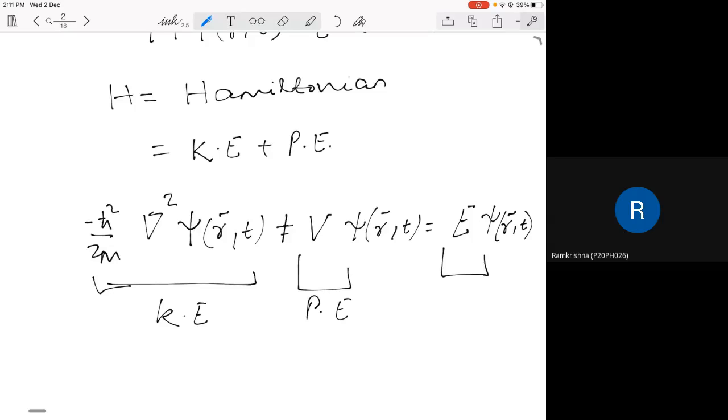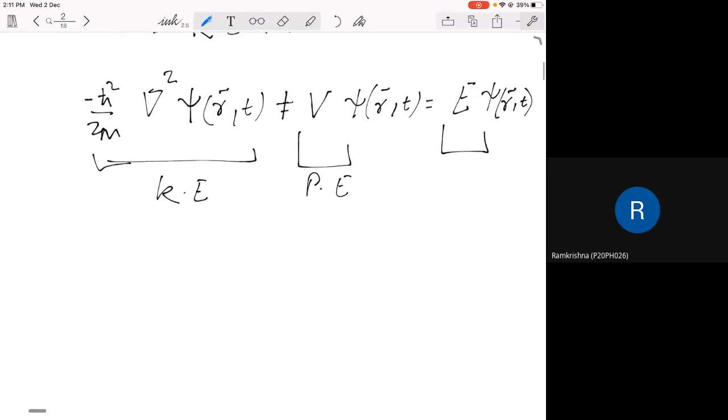And this wave function psi is normally a complex wave function. In quantum mechanics, the wave function may not be a real wave function, so it can be a complex wave function.